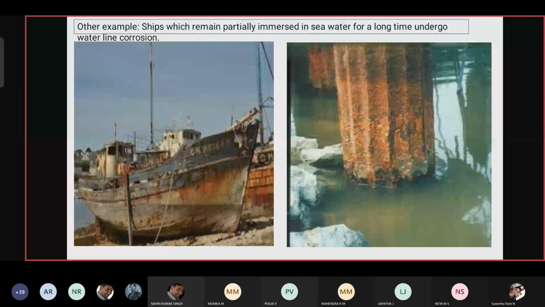No, ma'am. Any doubt here? No doubt. So what you have to write is only the definition of differential aeration and the reactions. Enough. Write only the definition and the reactions.